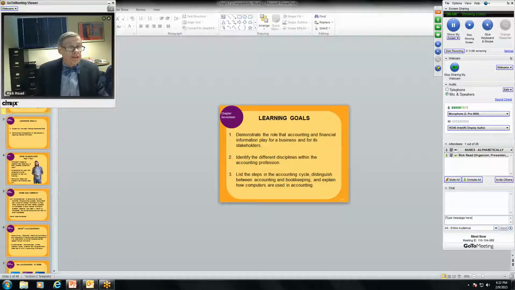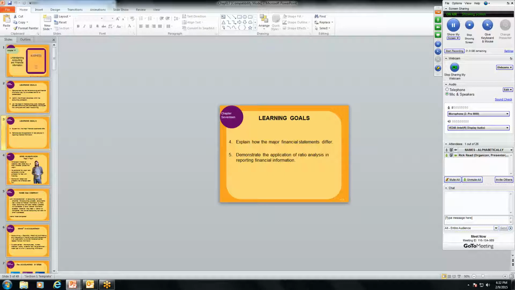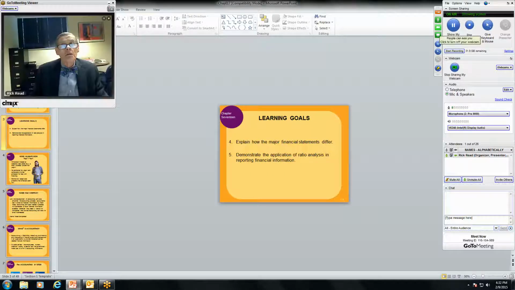Distinguish between accounting and bookkeeping, and explain how computers are used in accounting. And explain how the major financial statements differ, and then finally demonstrate the application of ratio analysis in reporting financial information.